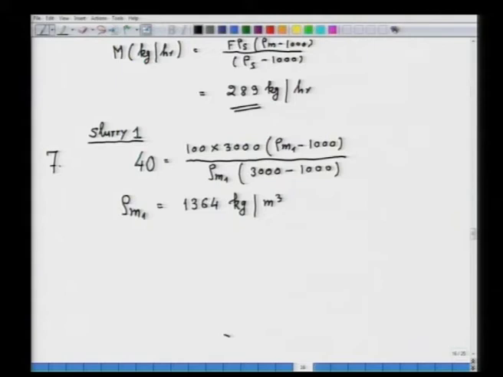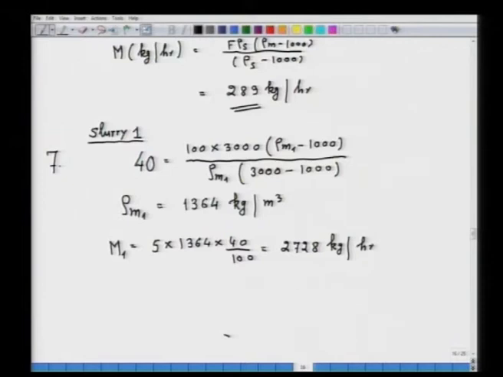Now, here itself I can calculate the mass flow rate of slurry stream 1, that is m1, equal to 5, as all the values are given, into 1364 into 40 by 100, and that is equal to 2728 kilogram per hour.